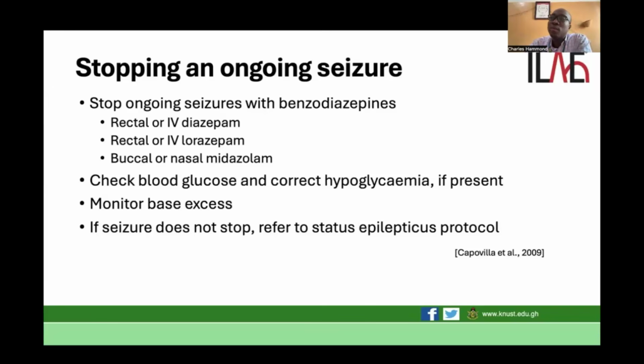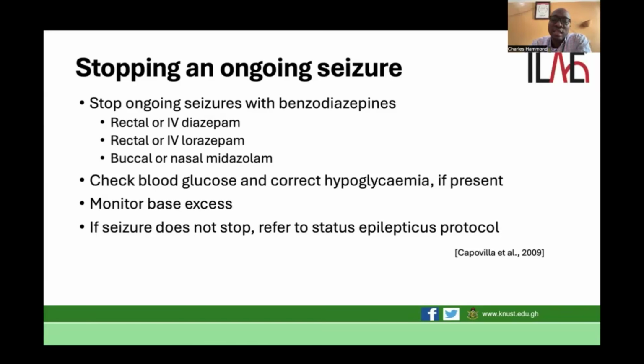It's important to check blood glucose and correct hypoglycemia if it is present. Because of the risks of acidosis, you have to monitor the base deficit and treat electrolyte imbalances appropriately.